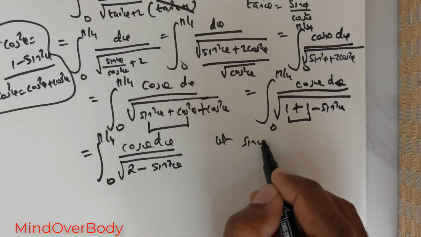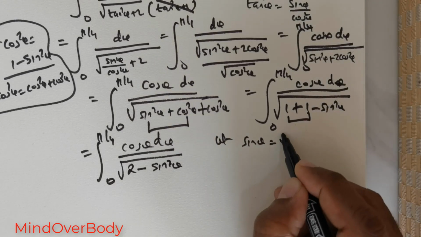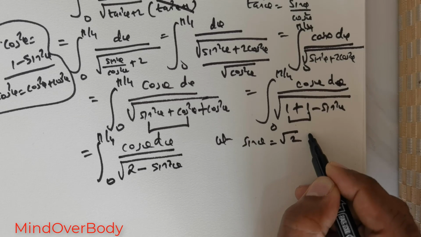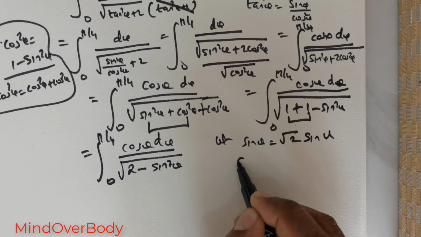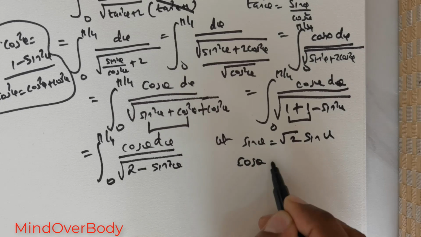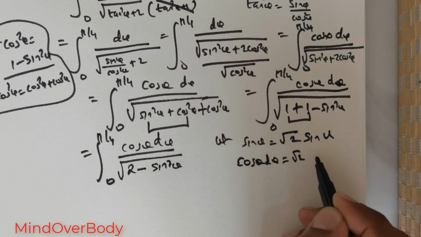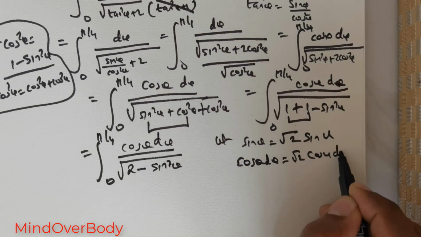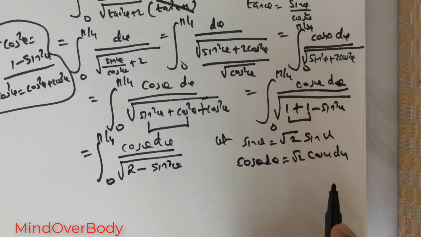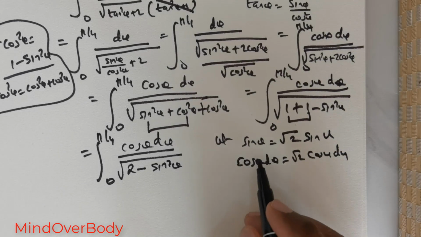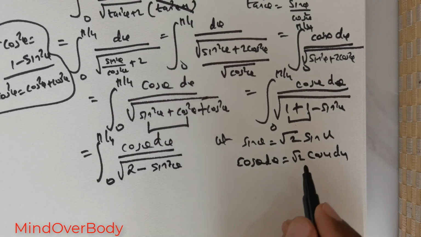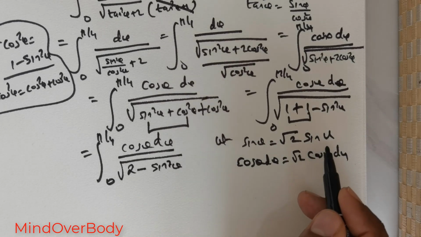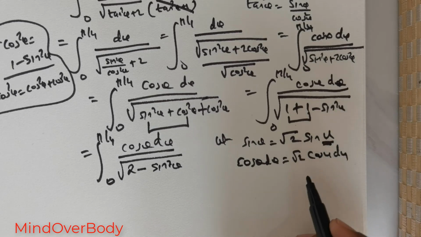Now I would like to make a substitution. Let sin theta be equal to root of 2 times sin u, and if I differentiate this, I would get cos theta d theta is equal to root of 2 times cos u du, right? So we need to know how theta taking values influences the variable u.